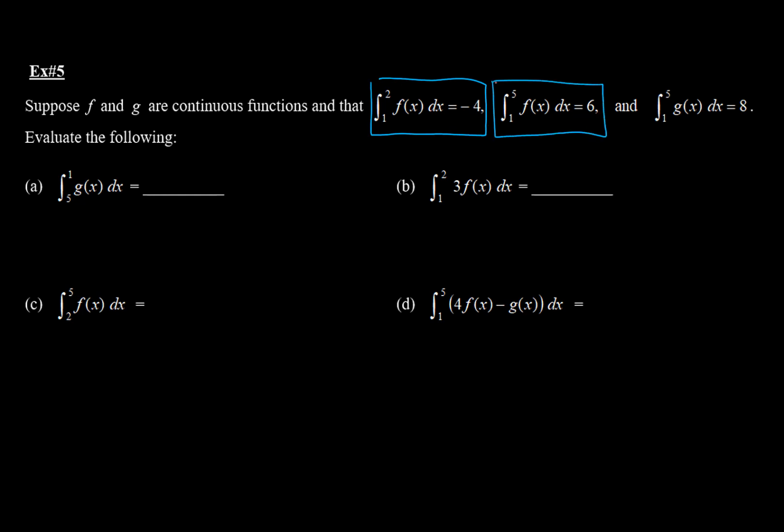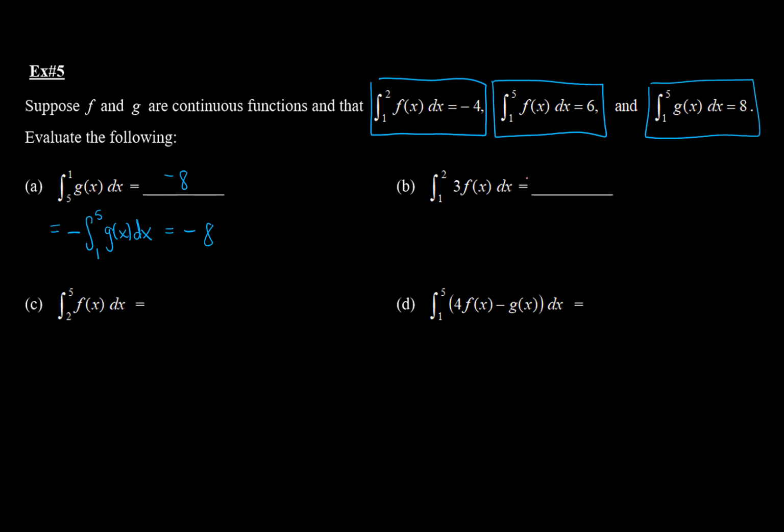Neither of these help me. I need g. Next, I've got an integral of g of x from 5 to 1. So this would be like saying it's the exact same as the negative of the integral from 1 to 5 of g of x. So it would be a negative value of what they gave us, which would be negative 8.